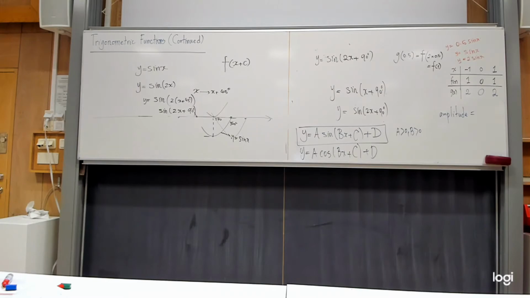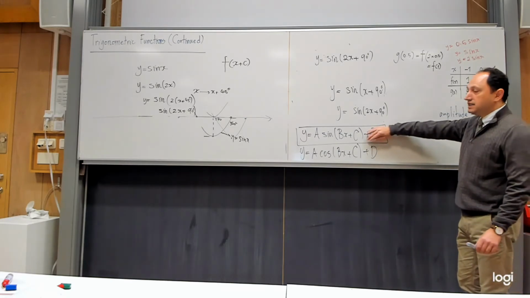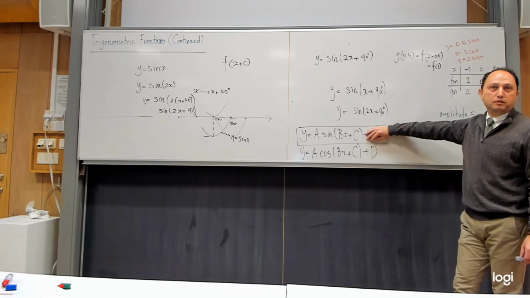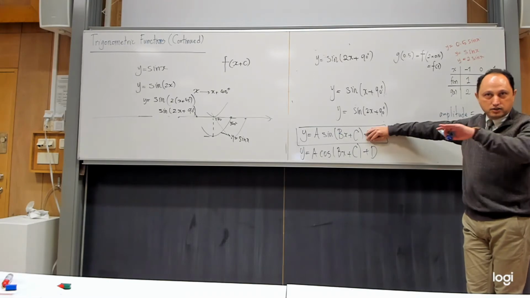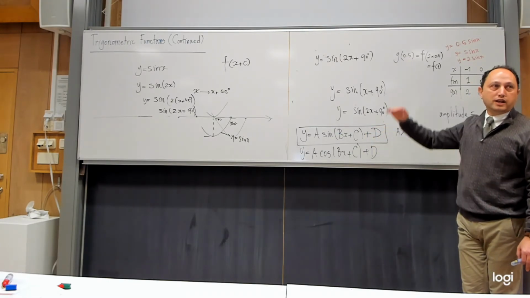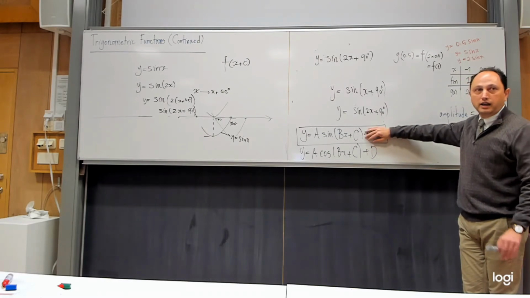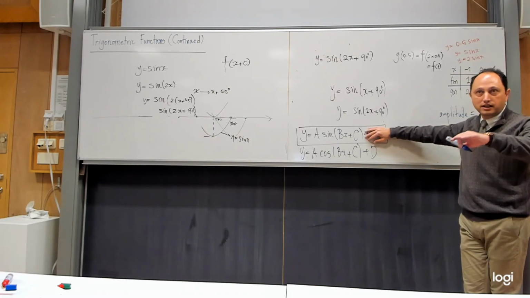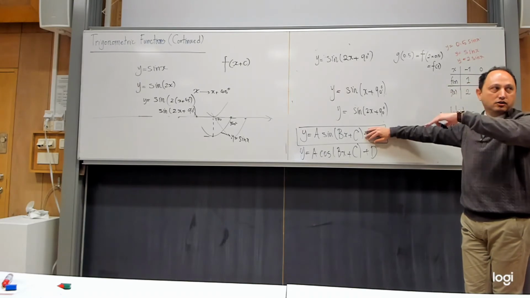Amplitude was the disturbance from the equilibrium position. If I do not have this d, where is the equilibrium line? The x-axis. Now I have d, I have a shift up or down. So the equilibrium line is no longer the x-axis, it is the line y equals d, either up or down.